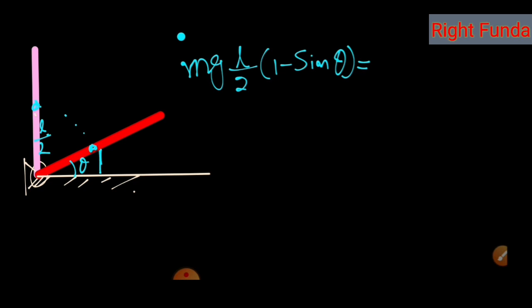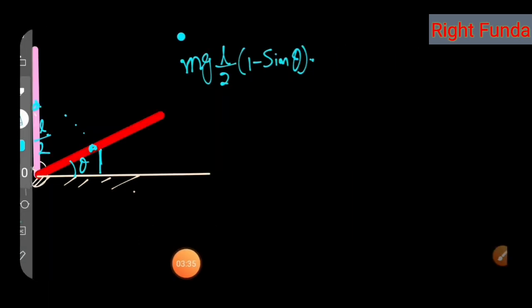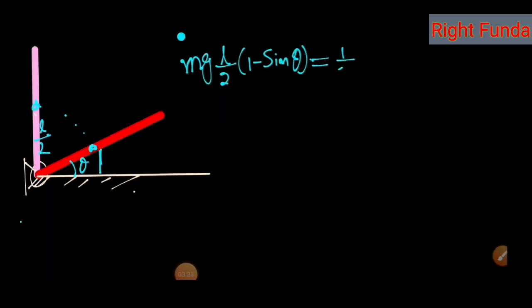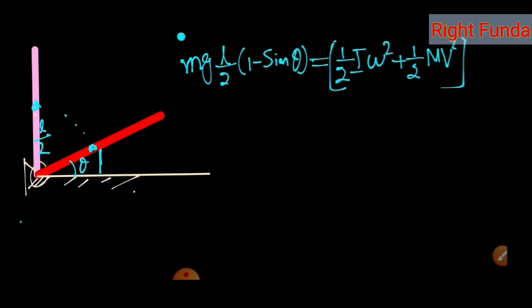So what will the change in kinetic energy be? Half M V square, plus half I omega square of the rod, because it is rotating, plus half m v square, minus the initial kinetic energy of the system, which is equal to 0.